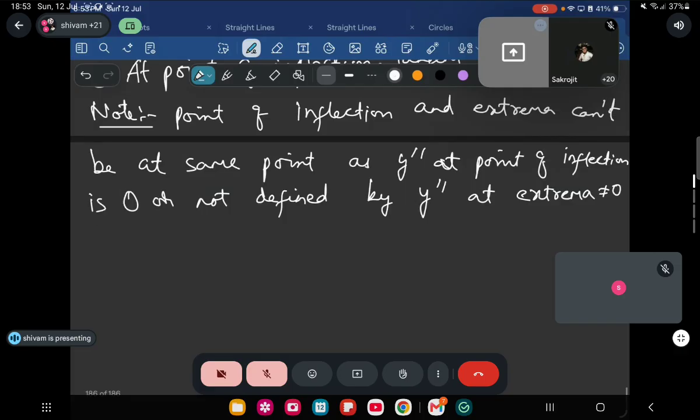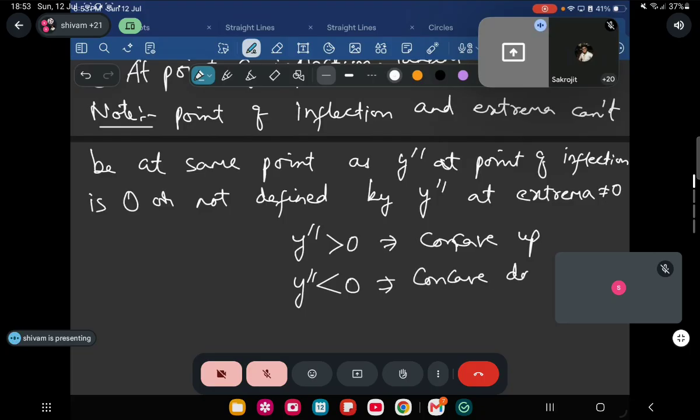Let's just see, y double dash greater than 0, what does it mean? Concave up. And this is concave down. We have done this so many times.